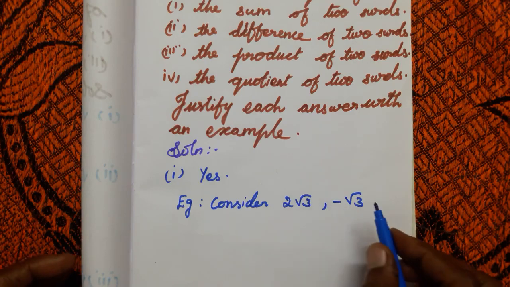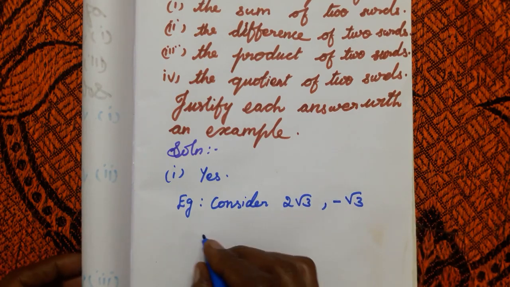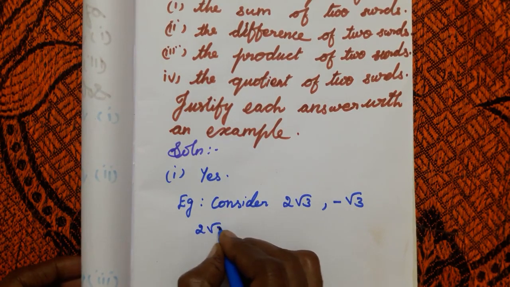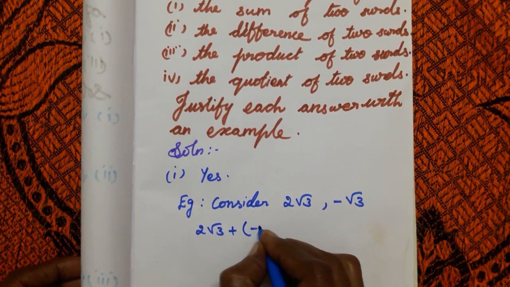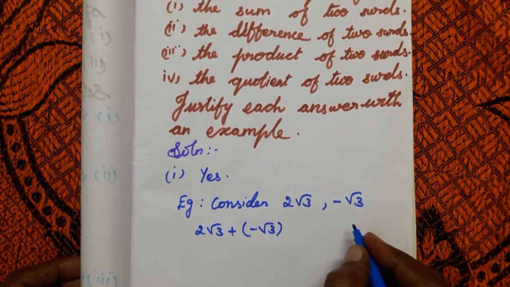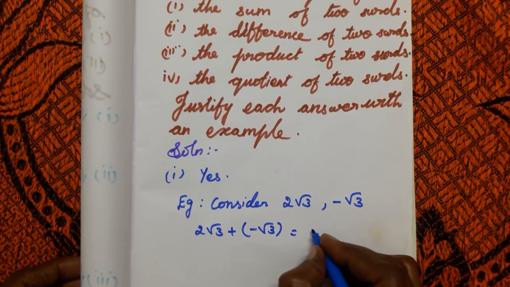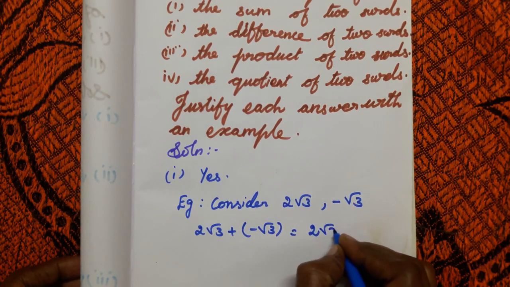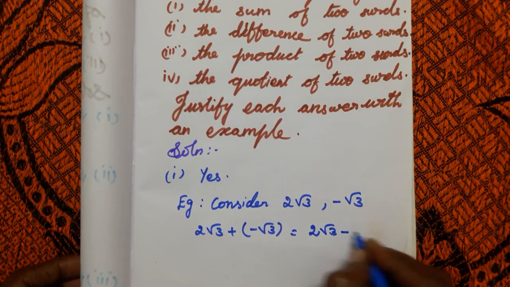We have to find out the sum. So, 2 root 3 plus minus root 3 is equal to 2 root 3 minus root 3.